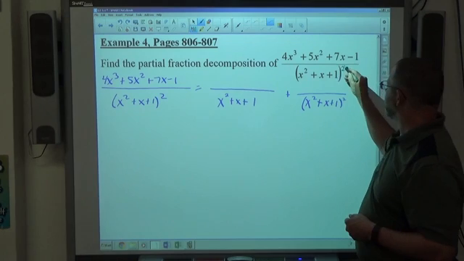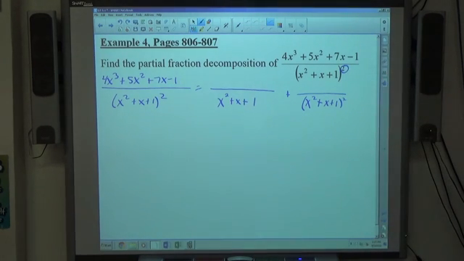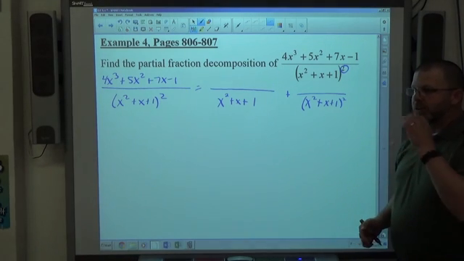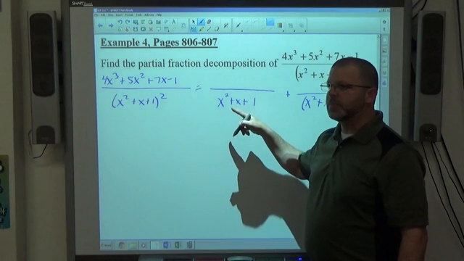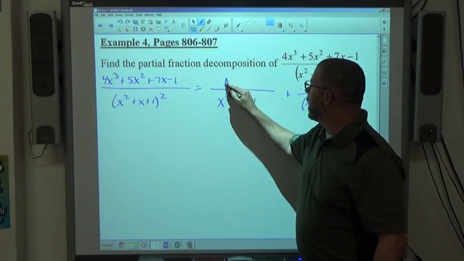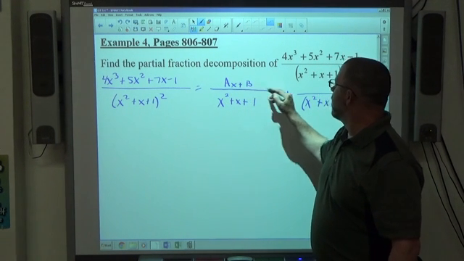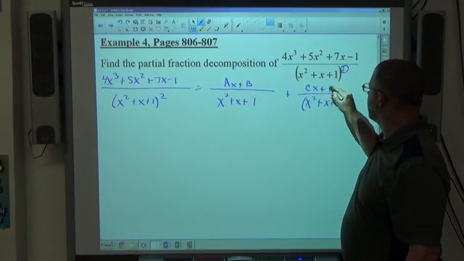So again, whatever power this is, I have to account for every power of that, starting with 1 working its way up. Each of my factors in this structure is quadratic, so the top part has to be 1 less power, which would be linear. So I'm going to put ax plus b on top of this one. I'm going to put cx plus d on top of this one.